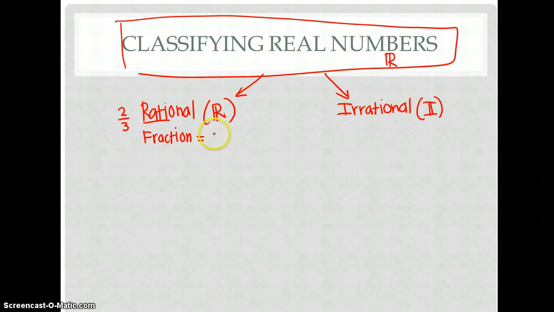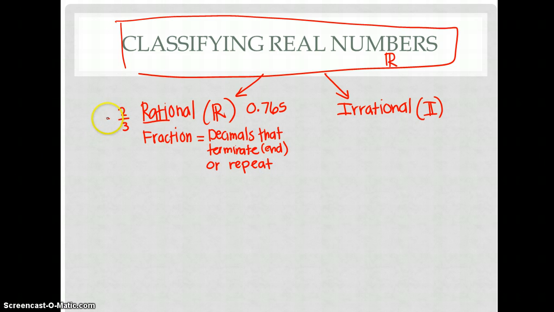Fractions can be written from numbers that are decimals that terminate, meaning they end. They have an end to them. So 0.765. Probably back in like 5th grade, you were writing that kind of number as a fraction. Decimals that terminate or decimals that repeat.